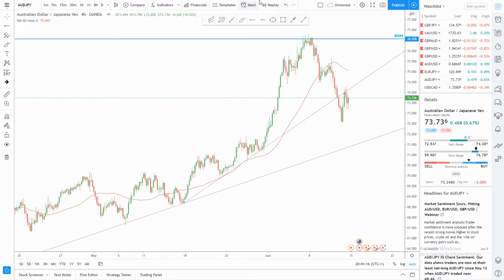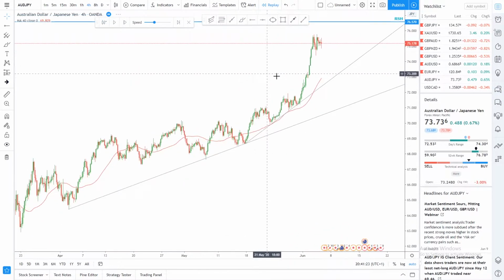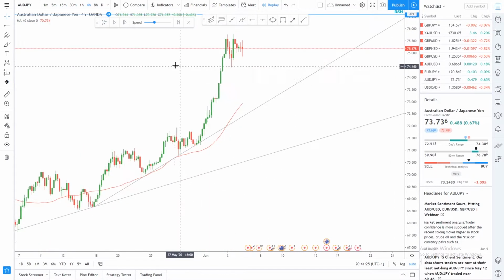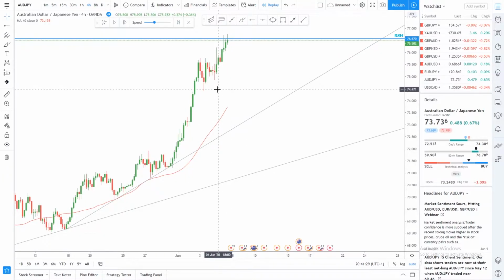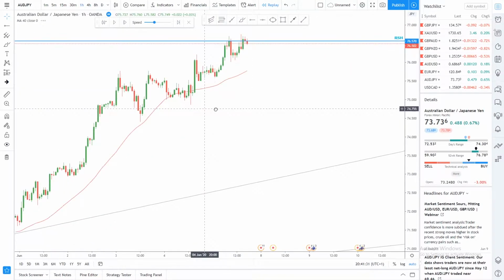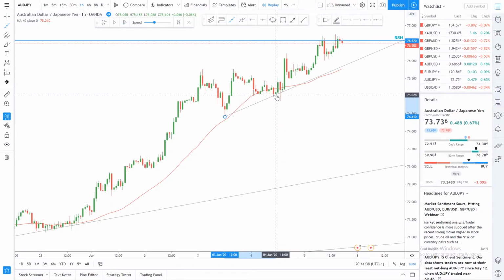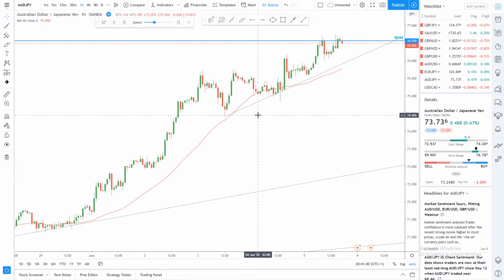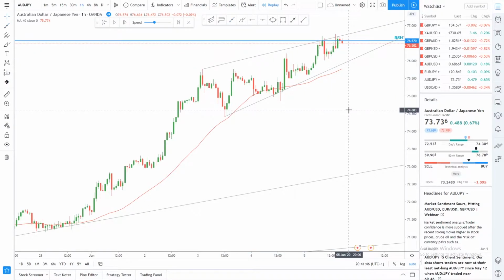So I'm going to use the replay tool, and we're going to go back to before it hit our TP for the buys, and we're just going to let price play out for a little bit. Here we go. So we're going to jump onto the 1 hour time frame, and at this point I had drawn my trend line just like so, and I also had an upwards trend line just like this at this time being.